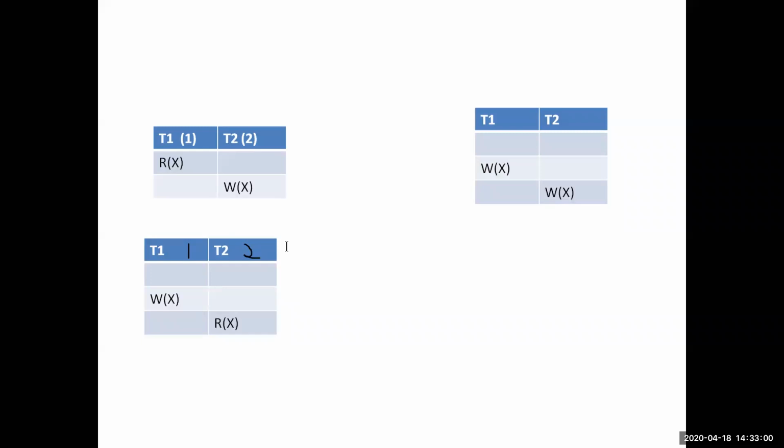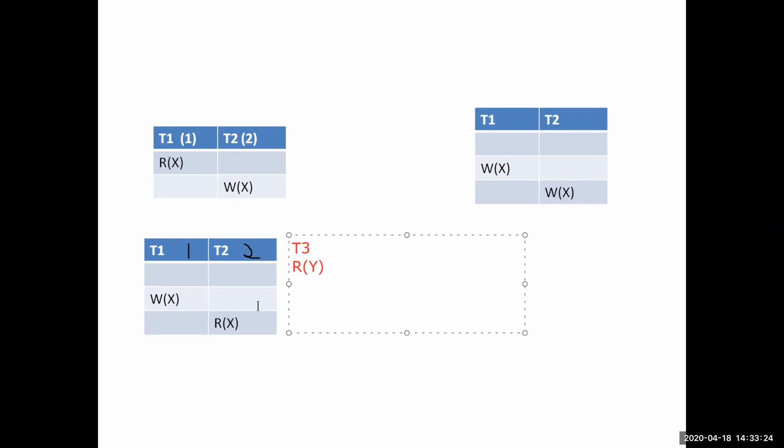Now say for example, I am getting T3 as a transaction, and under T3 I am getting one more variable, read of Y, as the first operation. Suppose read of Y entered first. Will this transaction get executed?